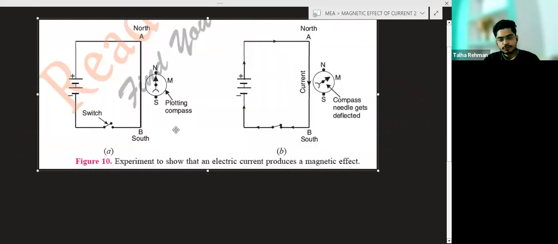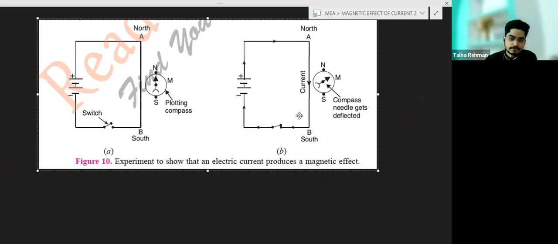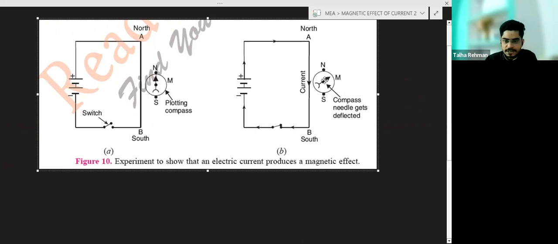If you want, you can also do this experiment. Take one magnetic compass, one wire, battery and switch, place the compass near the wire, close the switch, and you will see the compass deflect. This deflection is proof that there is a magnetic field around the wire. If you place the compass here also, you will find some deflection.